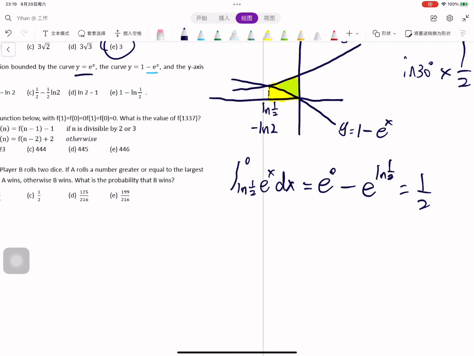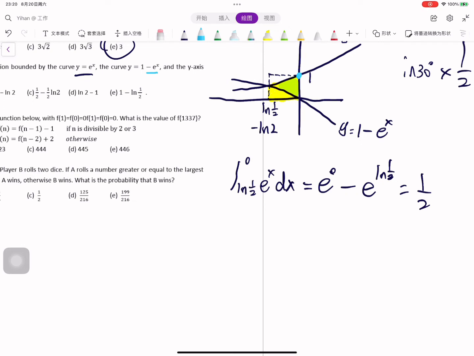So it means the area of the yellow region is 1/2, and then we find the total area of this square, and this is 1. At this point, this is 1.